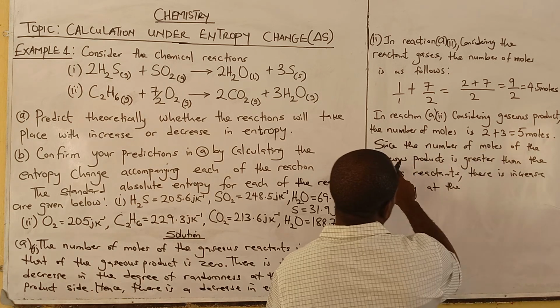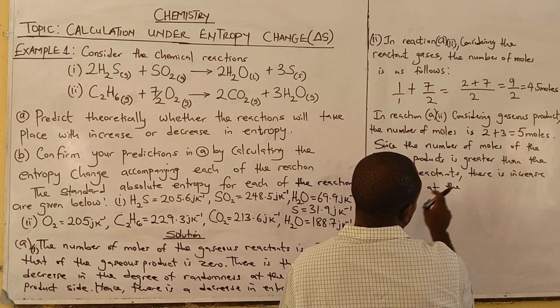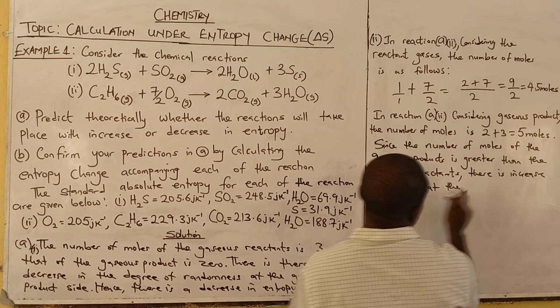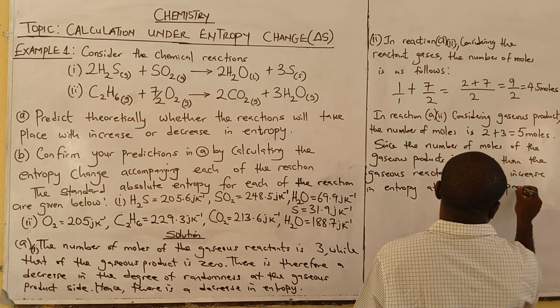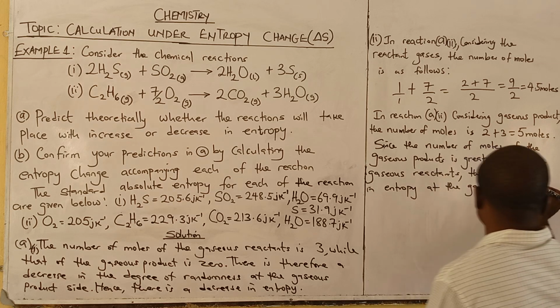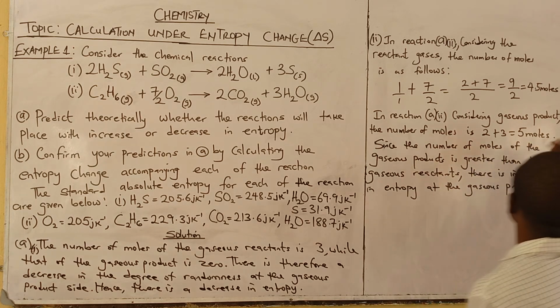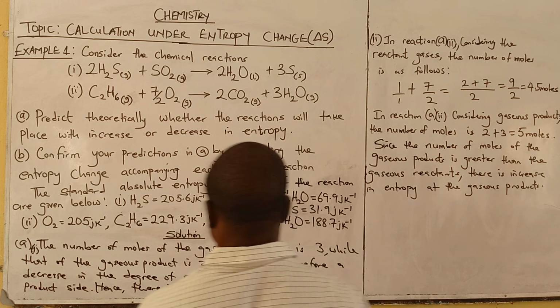See, the number of moles of the gaseous product is greater than the gaseous reactant. There's an increase in entropy at the gaseous product. Is that okay? Okay, that's it.